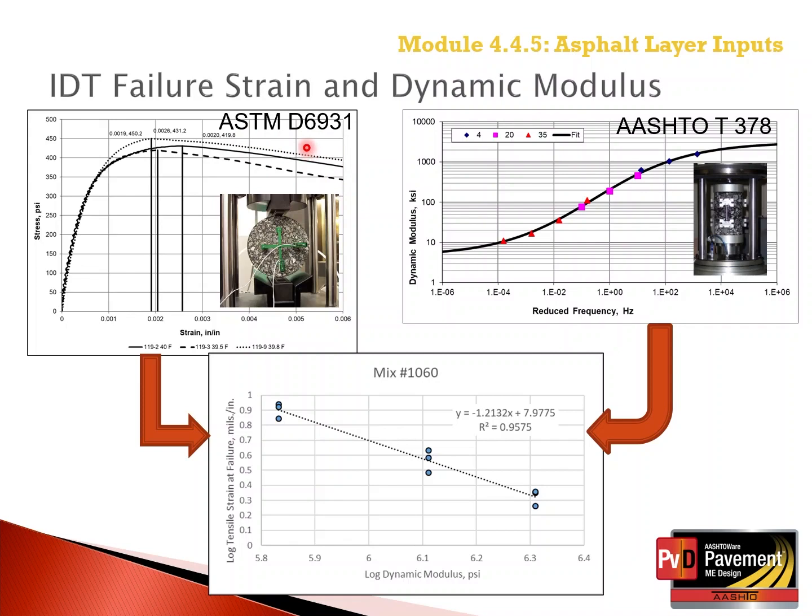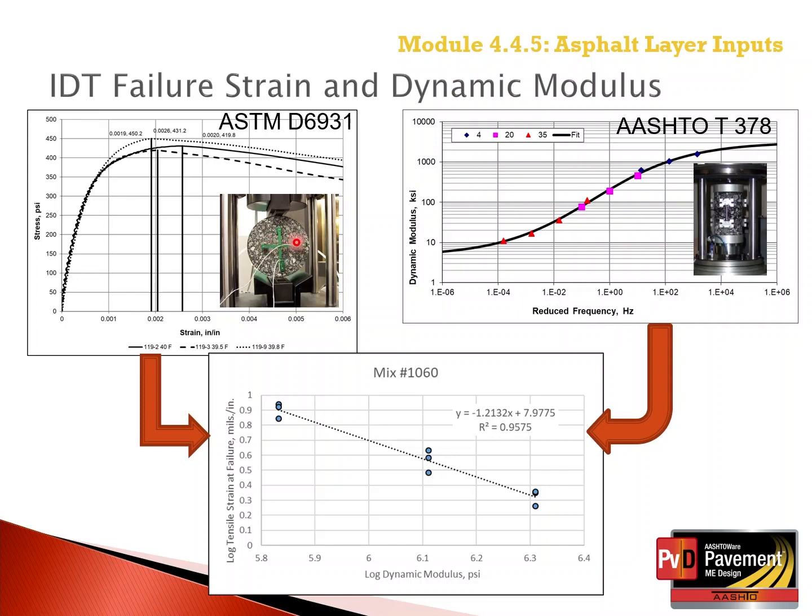ASTM D6931 was modified to add the LVDTs to the faces of the indirect tensile specimen and measure the horizontal and vertical displacements in accordance with AASHTO T322, but at the intermediate test temperatures.